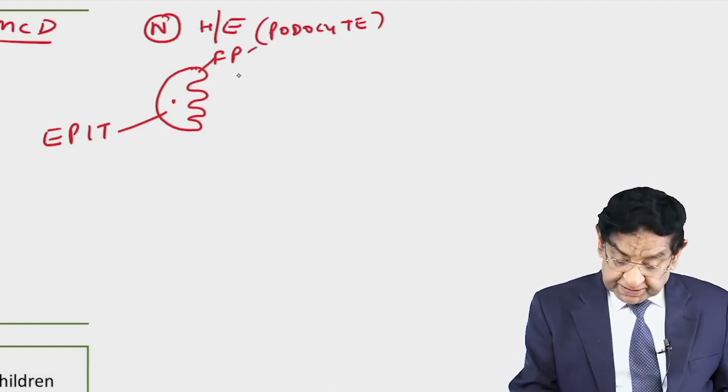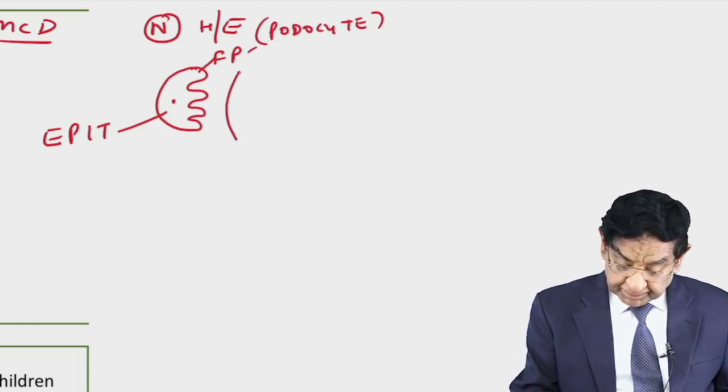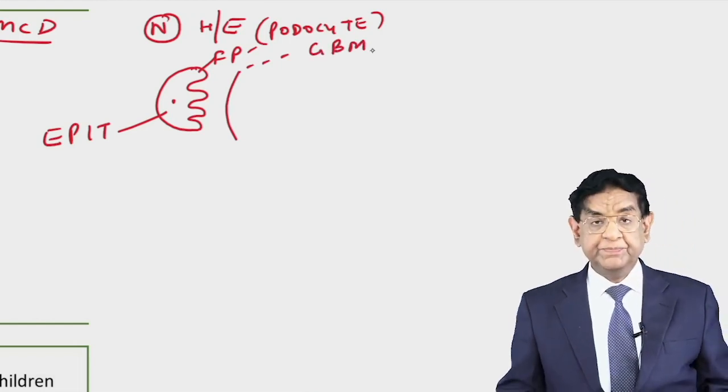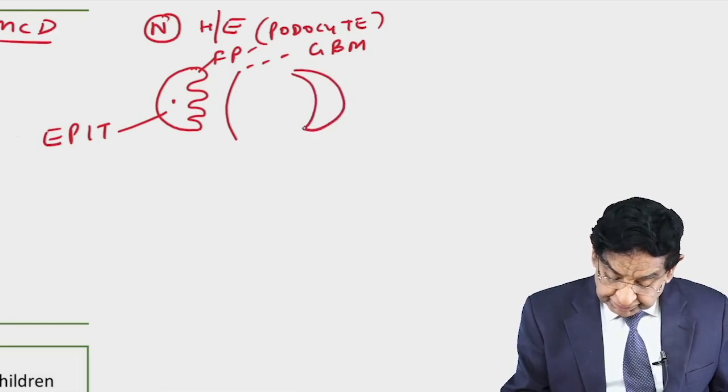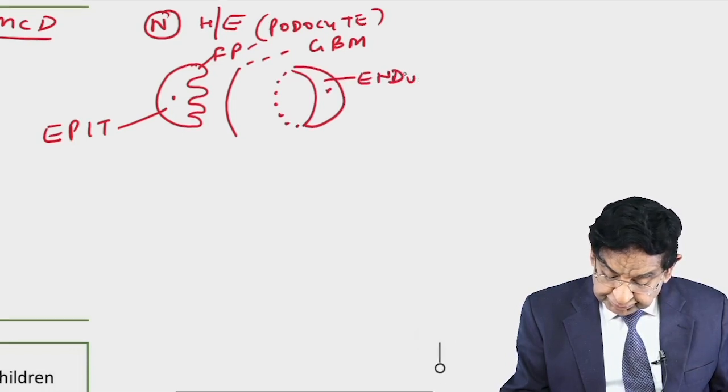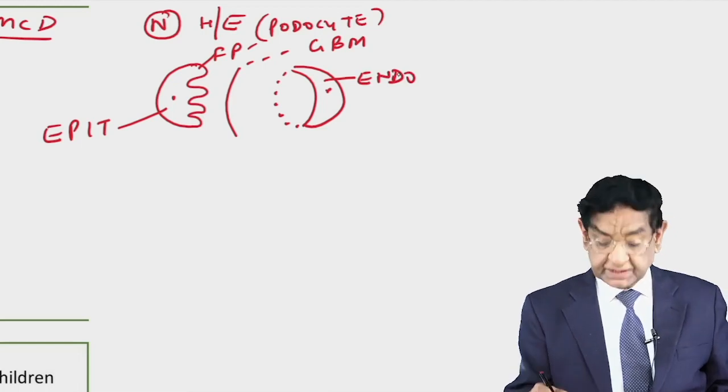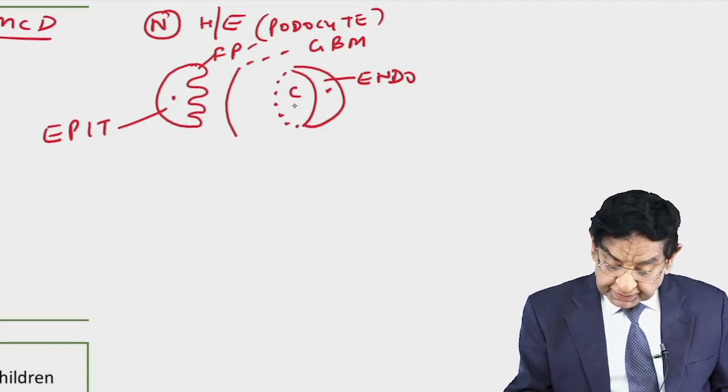This is the glomerular basement membrane, GBM, and here is the capillary endothelium, and here is the capillary lumen.